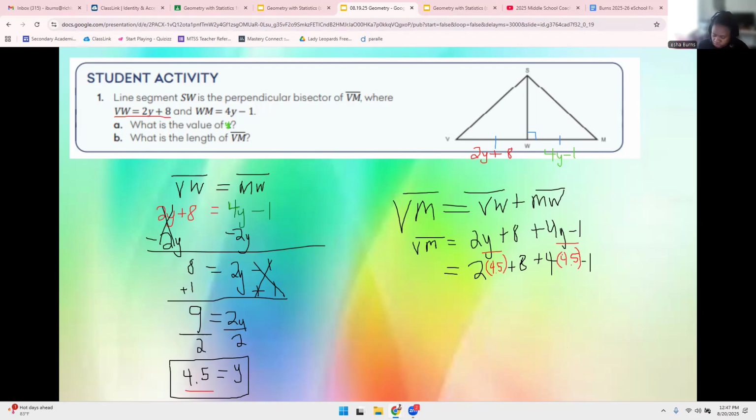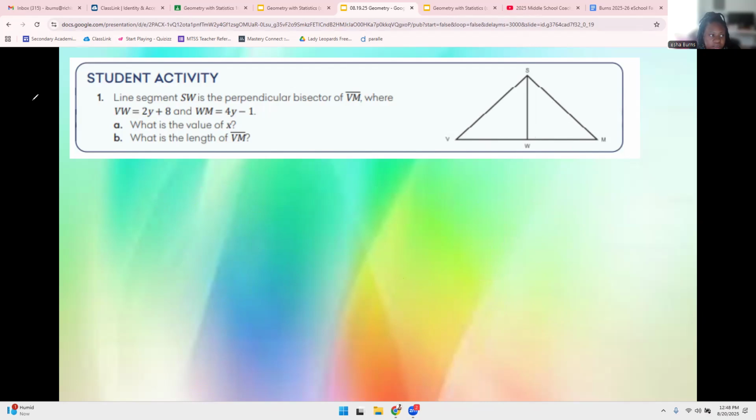So we have 2 parentheses 4.5 plus 8 plus 4 parentheses 4.5 minus 1, and we get 34. So segment VM is equal to 34. Okay, so that's one of the first practice problems we did together. If you need to go back and see this again, you can rewind it or pause it. I'm going to clear this off and head to the next slide.